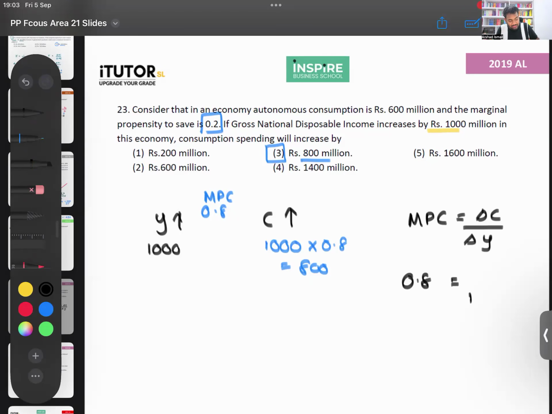They are telling me income is changing by 1000. They are asking me what is the change in consumption. That's why I'm telling you the change in consumption is 800. So 800 over 1000 is 0.8. That's an easy question. They're giving some additional information just to scare you. So don't get caught. So answer number 3.